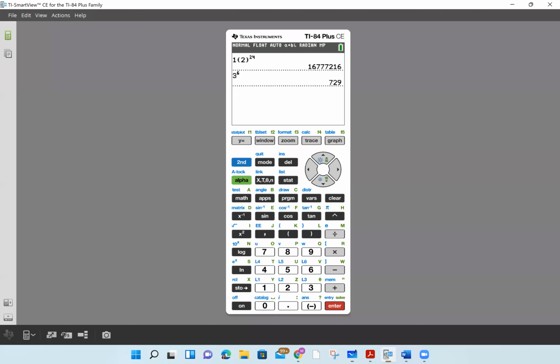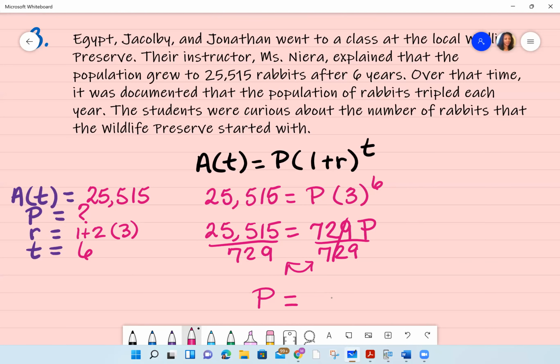So now I'm going to go back. 25,515, is that correct? Divided by 729 will tell me how many rabbits I started with. 35. So 35 was my initial count of my rabbits.